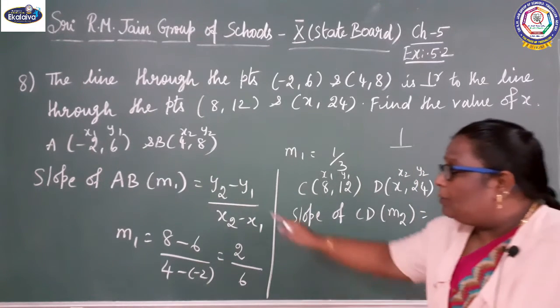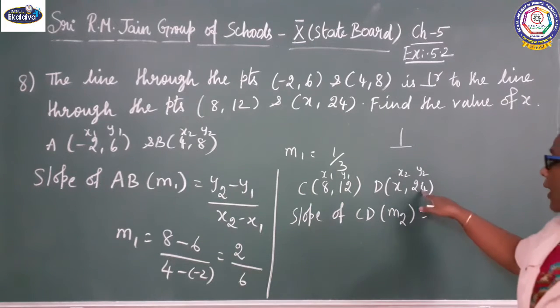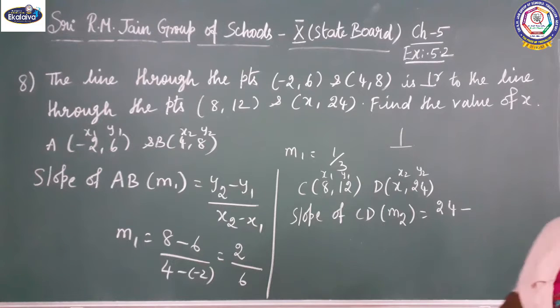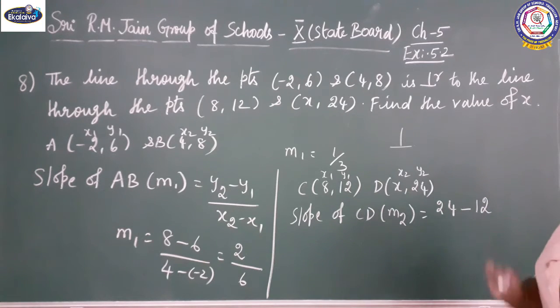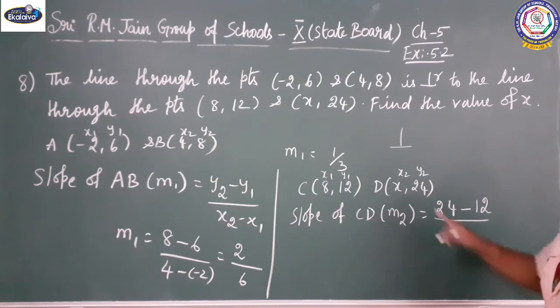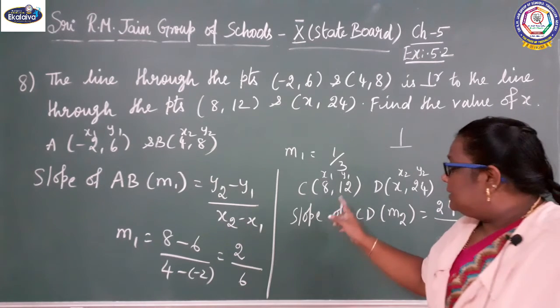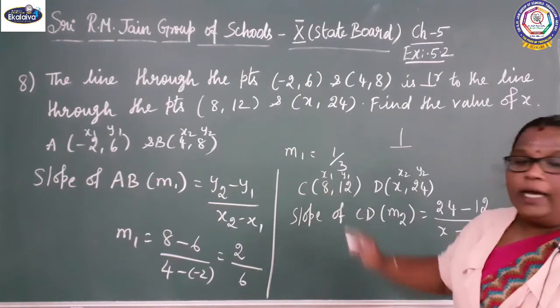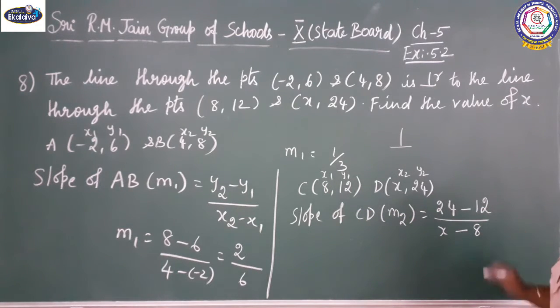Y2 is 24 minus Y1 which is 12, by X2, which is x, minus X1, which is 8. 24 minus 12 is 12. But these are different terms, so we cannot separate that value. So you can write it as 12 by x minus 8.